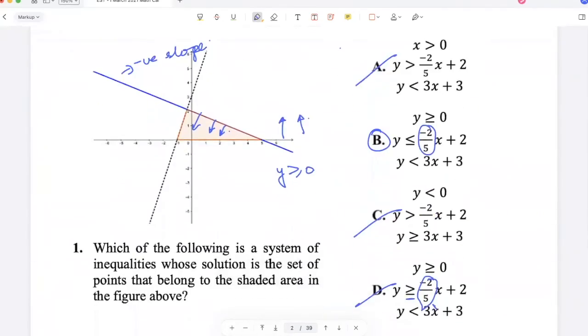So we start with the first question. This is March 2021 calculator.